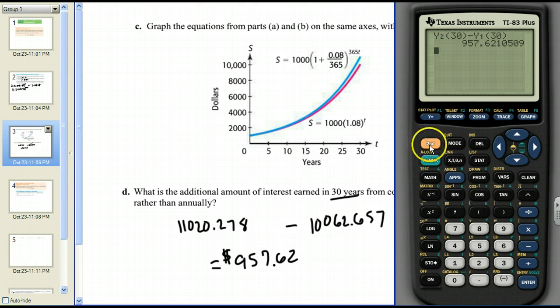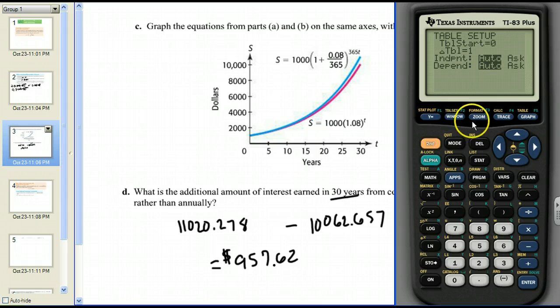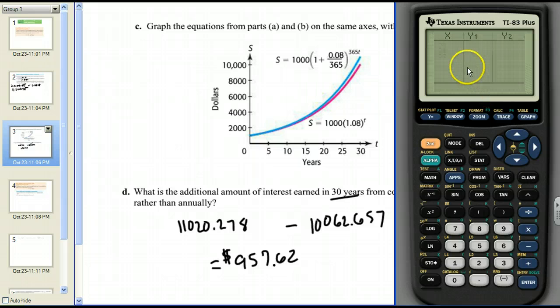And then one other way you could have done it to get these two numbers is just press second table set. Tell your table to start at 30. Hit enter, and then go to the table. And then there's the two numbers. And then you could get your decimals as many as you want. So there's the 11,020.278. I rounded to 3 places.